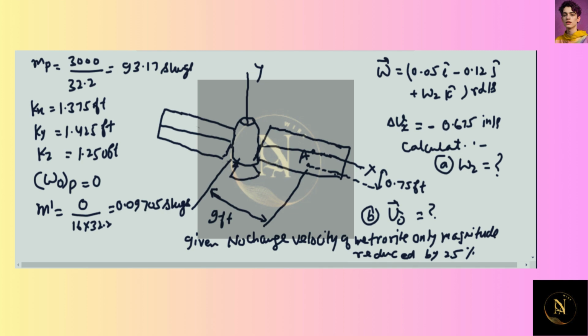If the final angular velocity of the probe is 0.05 radian per second i cap minus 0.12 radian per second j cap plus omega z k cap, and the x component of the resulting change in velocity of the mass center of the probe is minus 0.675 inch per second, we have to calculate omega z of the final angular velocity and v naught, the relative velocity of the meteorite striking the panel. Let us start solving it.